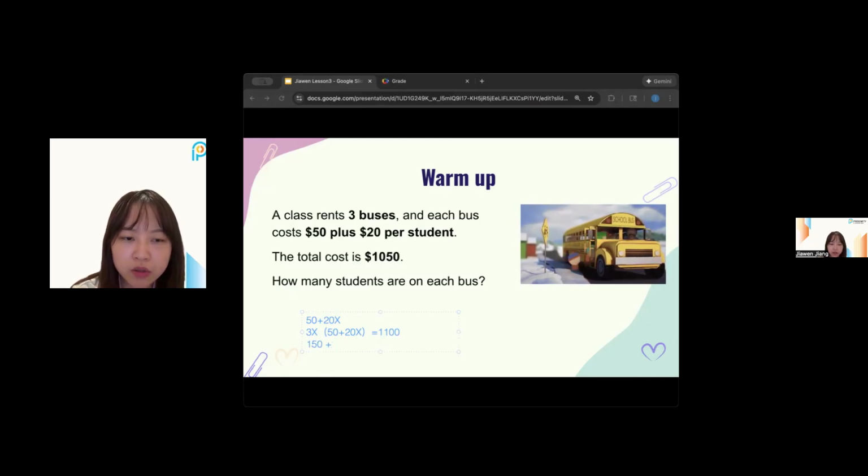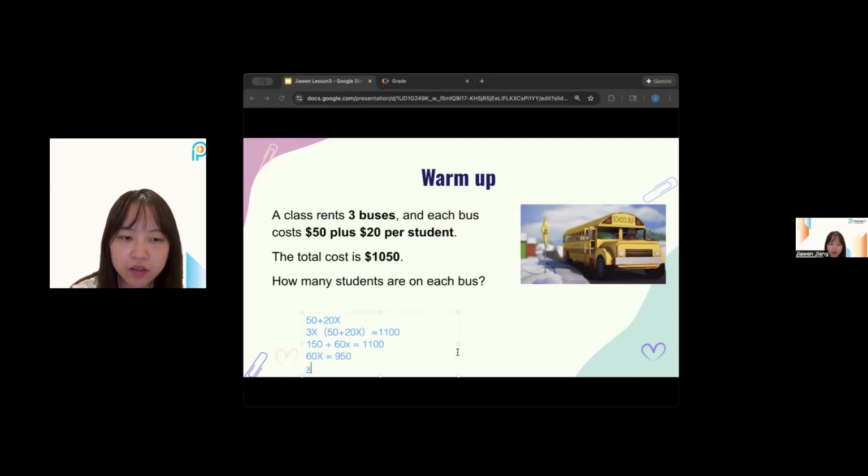Follow each step and please use your calculator. Let's subtract 150 from both sides, so we get 60x equals 950.